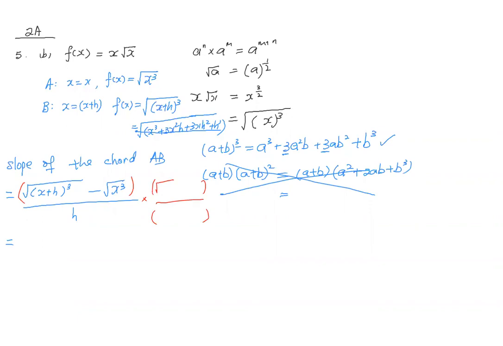Square root of (x plus h) cubed minus square root of x cubed. So what is the result of the top? Bottom, you copy down. Okay, what is the result of the top?